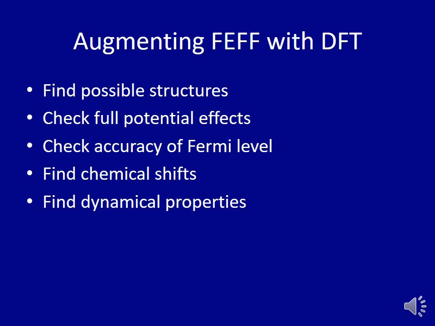One other thing you might want to look into when you're doing calculations of, especially of XANES, is to use DFT to augment FEFF. And there are different ways to do this. You can find possible structures by optimizing the structure in DFT. You can check full potential effects. You can calculate the densities of states both from FEFF and from a DFT package, so that you can compare, and then you can fix things like the Fermi level in FEFF if that's a little bit off.